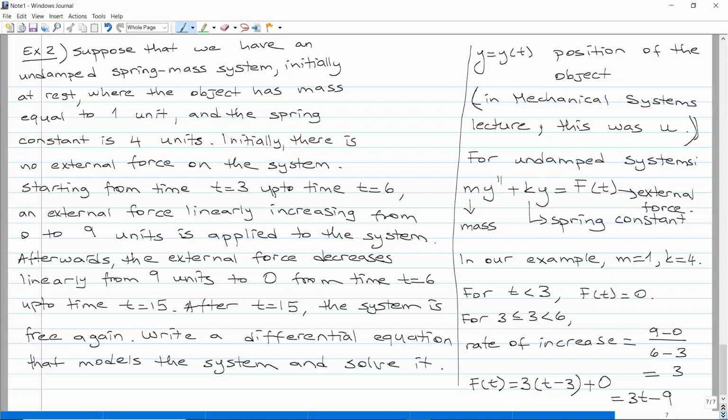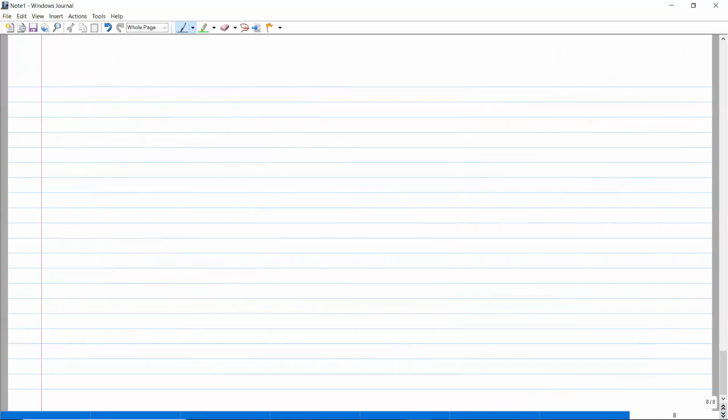Okay, now for t between 6 and 15, the force decreases linearly.